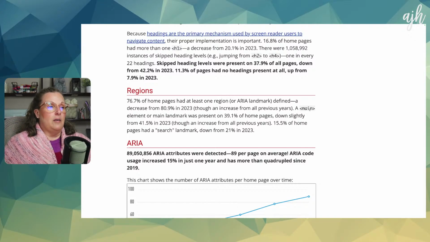But yeah, main's important. These types of attributes or elements just add so much value to a page, not just for SEO, but for screen readers. They add hierarchy and structure to a page. They're so important.